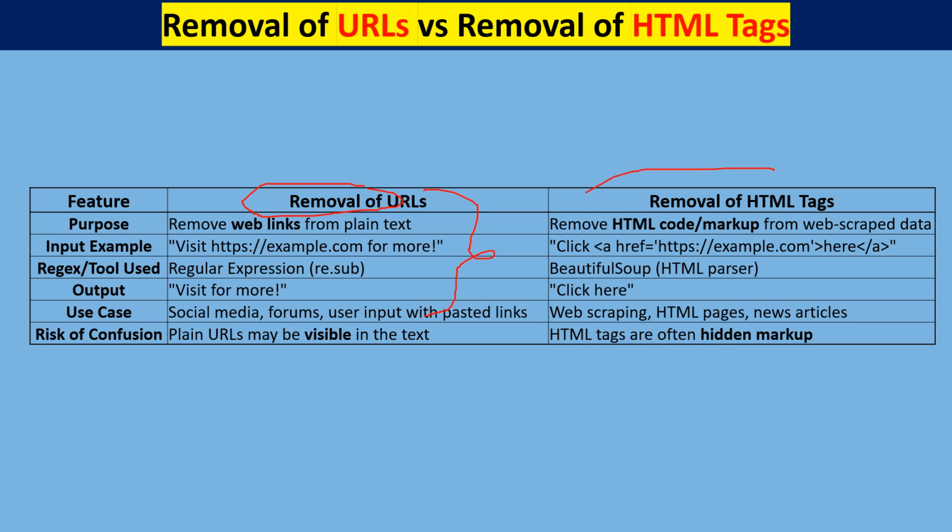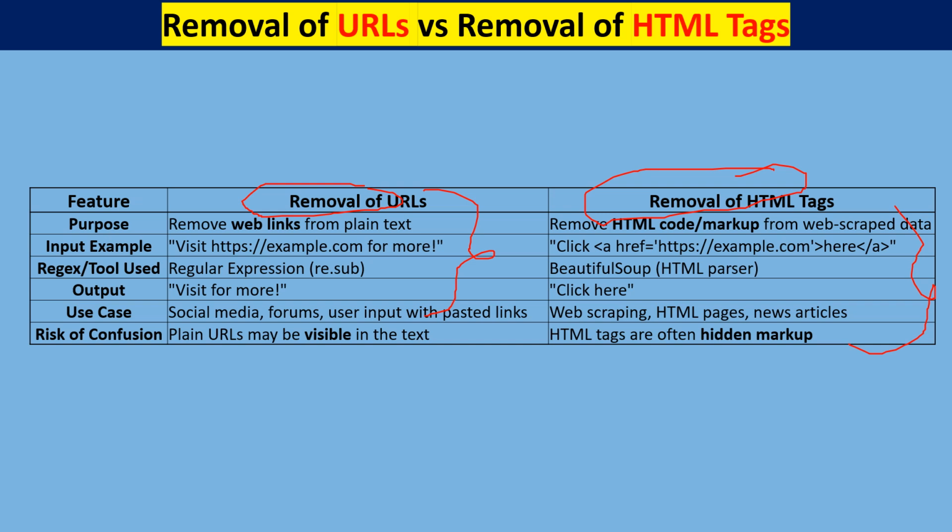Removal of HTML tags cleans up markup language like div when text comes from websites, focusing on structured tags around content. Use BeautifulSoup to extract only visible text, ensuring readable text from raw data pages.